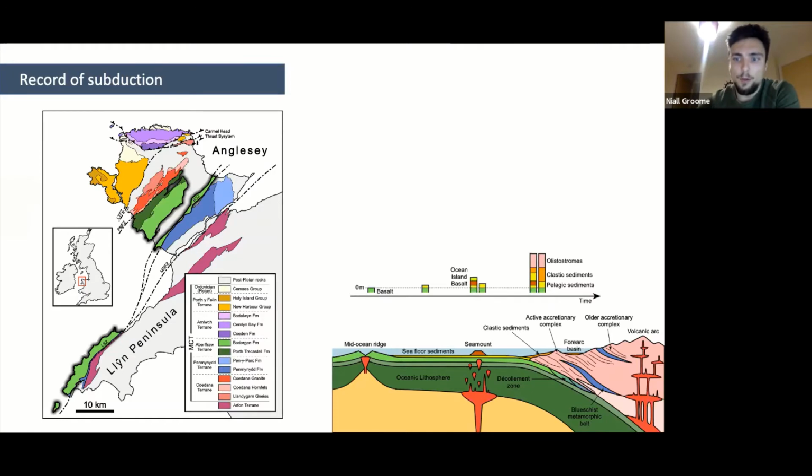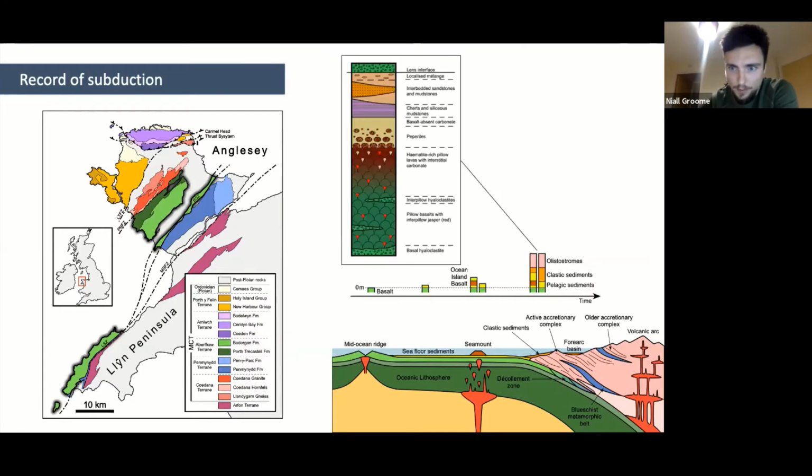And young hot oceanic lithosphere is relatively buoyant, and so we get relatively shallow depths, not very shallow, but relatively shallow, and so we can start forming sediments which form at, again, relatively shallow depths, which is what we see on Anglesey in this record here.